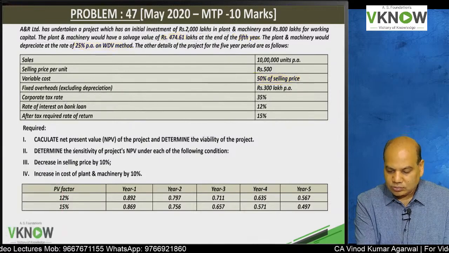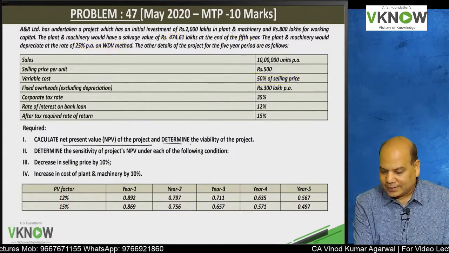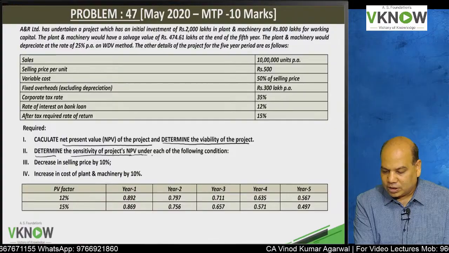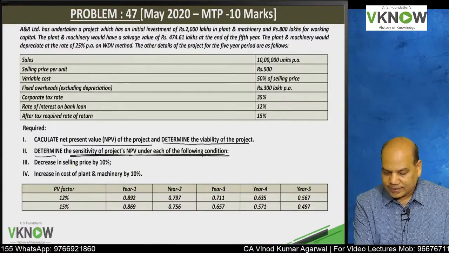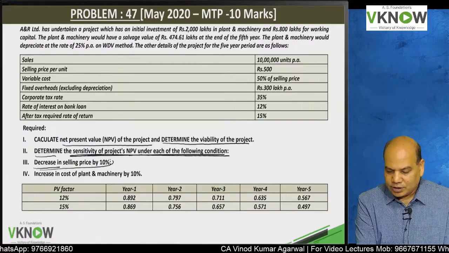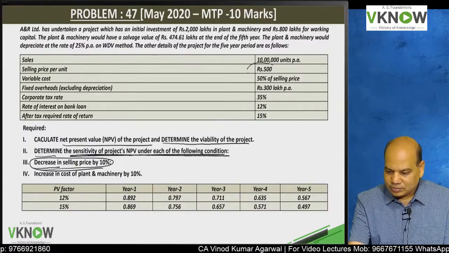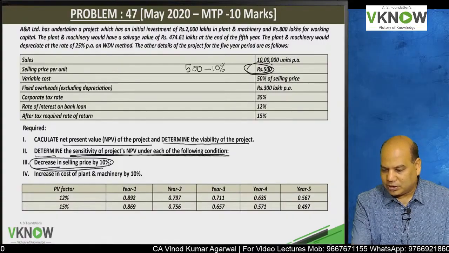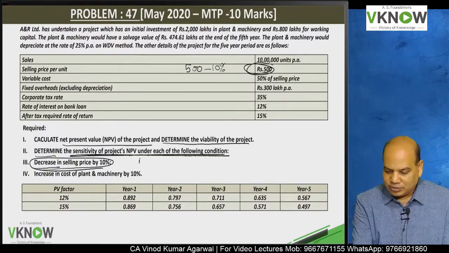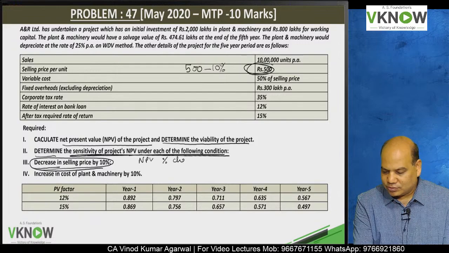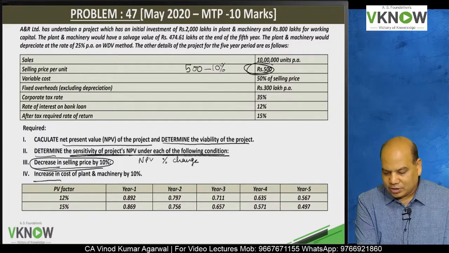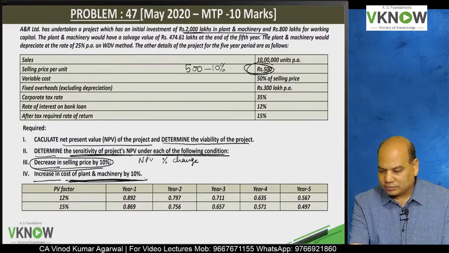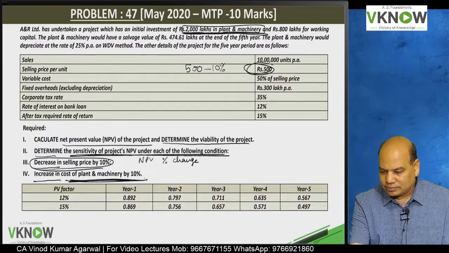Question is, compute NPV of the project, determine the viability, determine the sensitivity of the project NPV under each of the following conditions. First is, if selling price decreases by 10%, this is 500 right now. If it decreases by 10%, what will be the NPV and percentage change in NPV? And second is increase in cost of plant and machinery by 10%. Your plant and machinery here is 2000.